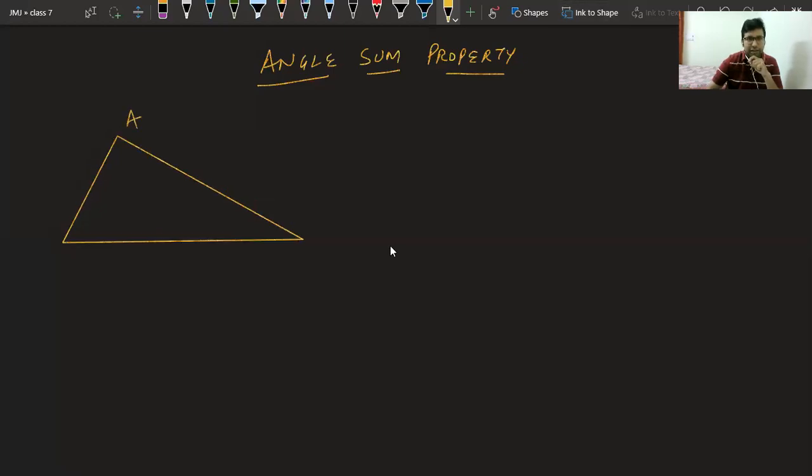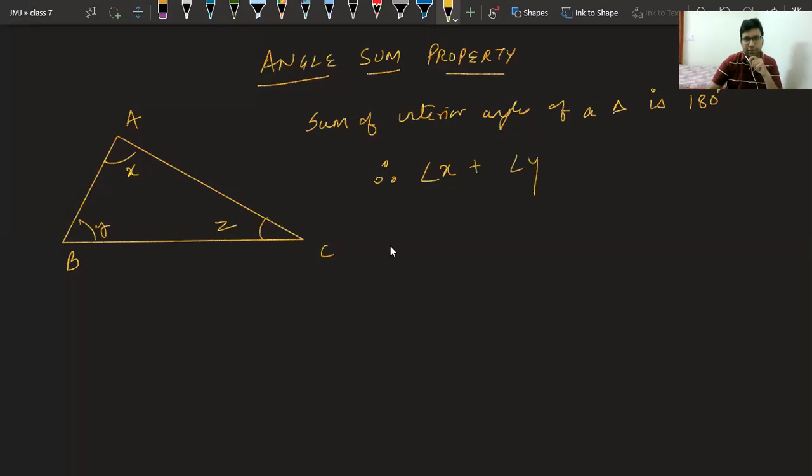We can say in a triangle, suppose the angles are x, y, and z, the sum of interior angles of a triangle is 180 degree. This is known as the angle sum property of a triangle. Therefore, angle x plus angle y plus angle z equals 180 degree.